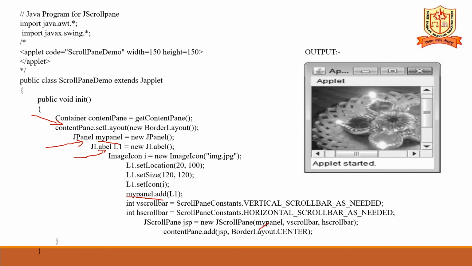And this scroll pane is having horizontal and vertical scroll bars. These are the constants we are shown here. And once you created the JScrollPane object, add this JScrollPane object to the content pane. Here we are using the border layout. Whichever the layout you want to use, you can use it.